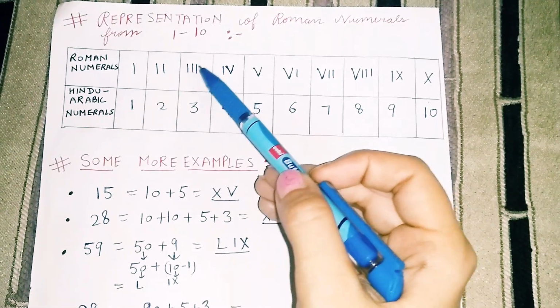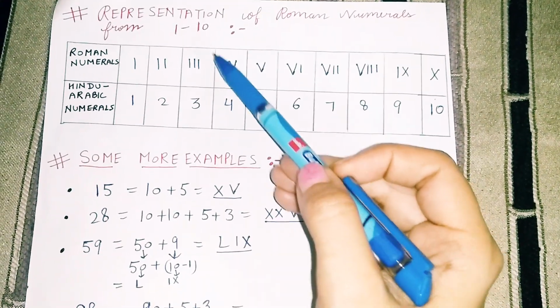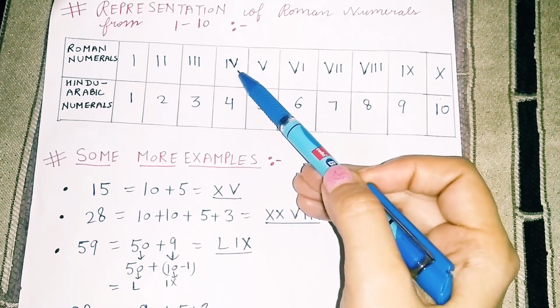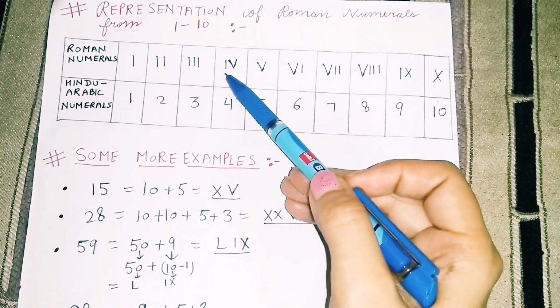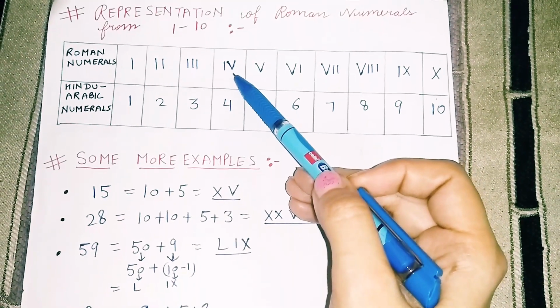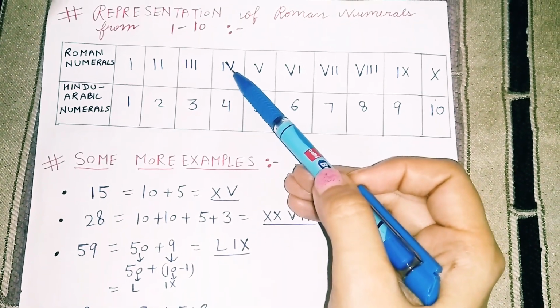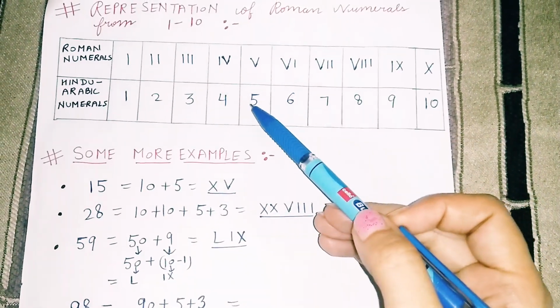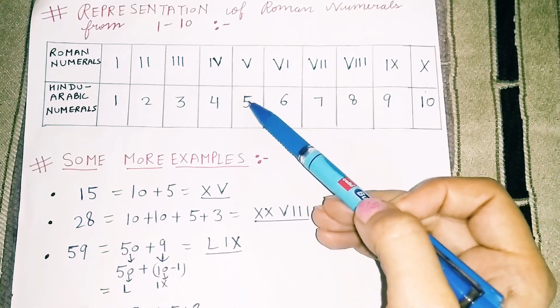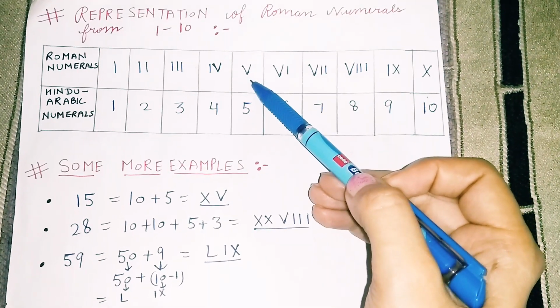That means value of 4 will not be equal to IIII. It will be equal to IV. You can place a smaller symbol before or on the left side of a greater symbol, the symbol having a greater value. Similarly, for value 5, the Roman numeral symbol corresponding to this value is V.